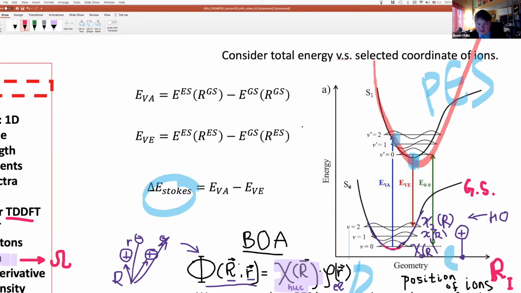We discussed the S naught, ground state potential energy surface, PES, which can be quantized. Now, if we practice photoexcitation, the molecule is promoted to the state S1, singlet number one, which we approximately describe as an electron being promoted from HOMO to LUMO.